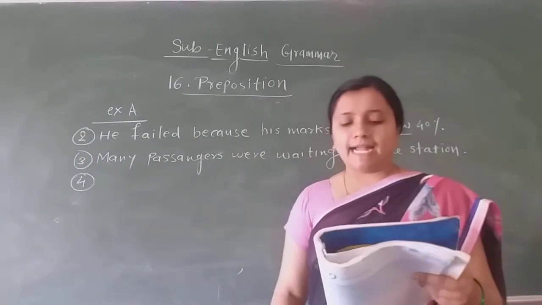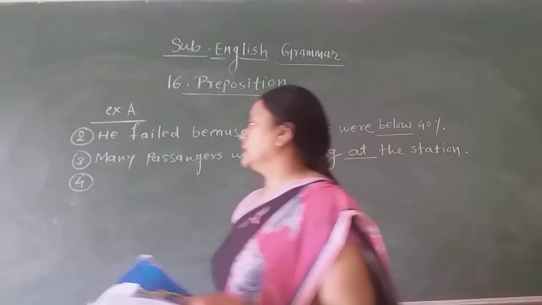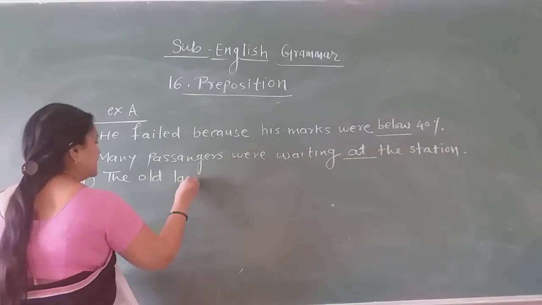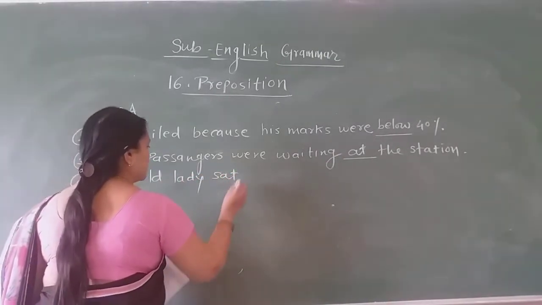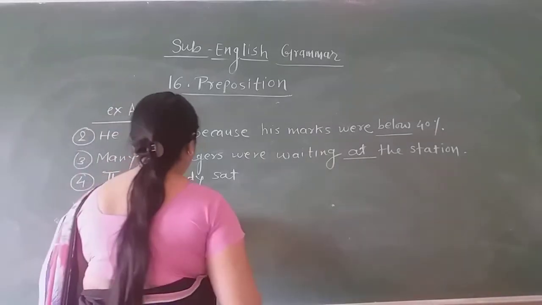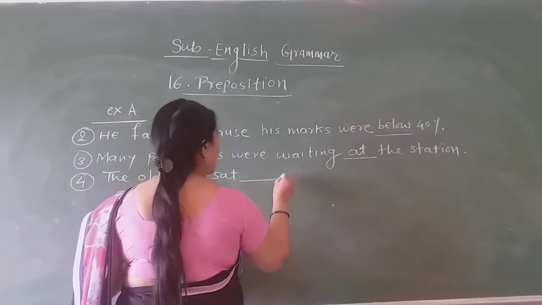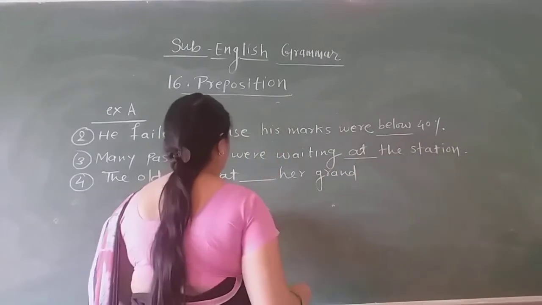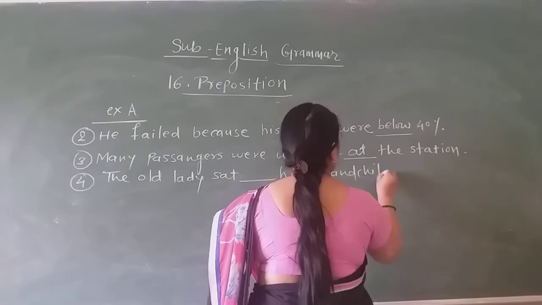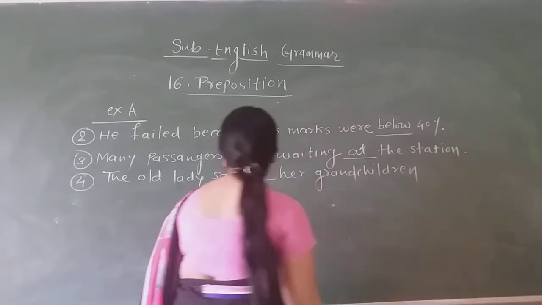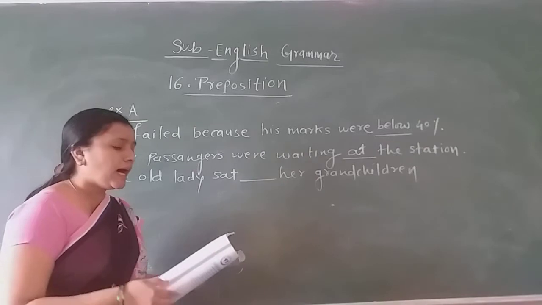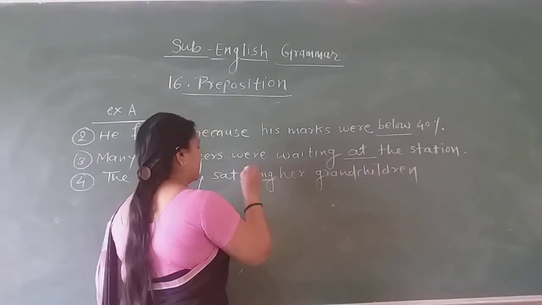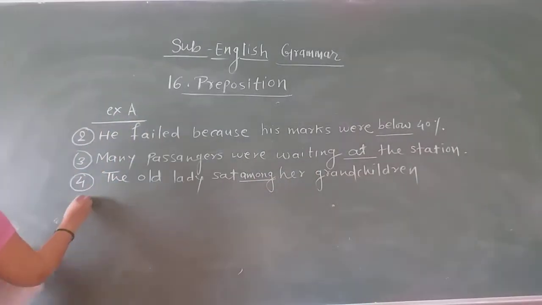The old lady sat dash her grandchildren. Where did the old lady sit? Yes, she sat among her grandchildren. Among means उनके बीच में. Next, fifth one.